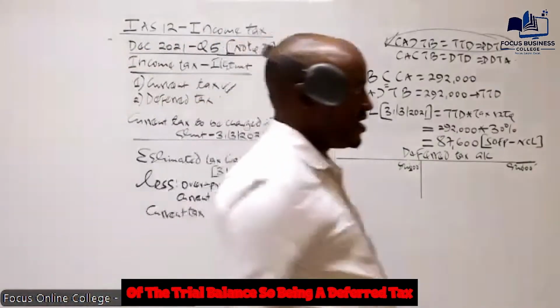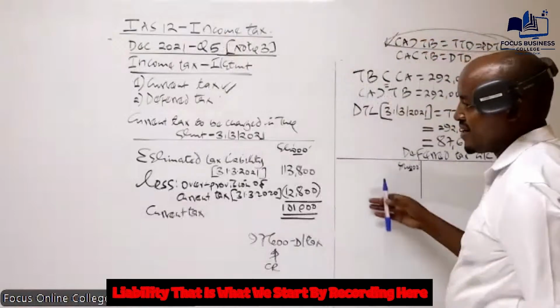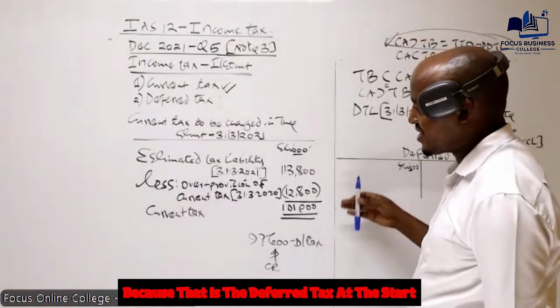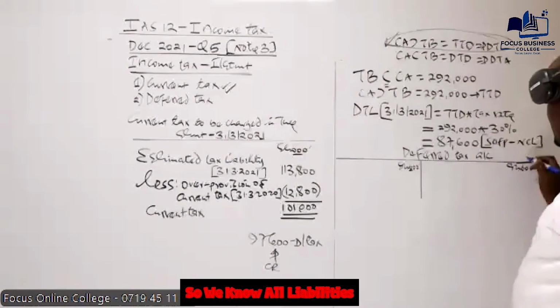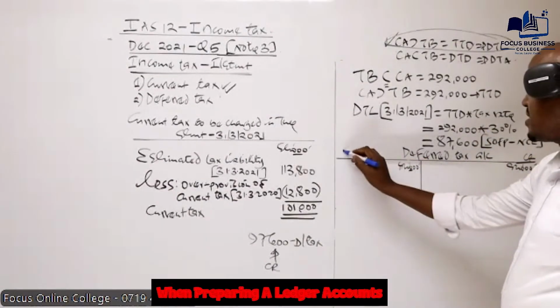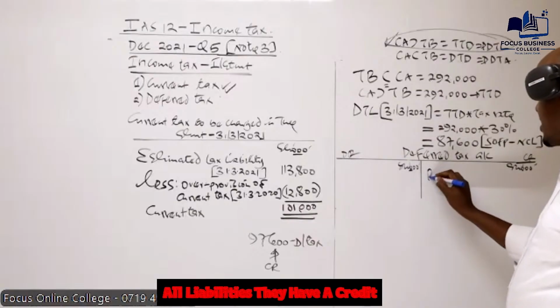So being a deferred tax liability, that is what we start by recording here, because that is the deferred tax at the start, and this is the deferred tax at the end. When preparing a ledger account, all liabilities have a credit balance.